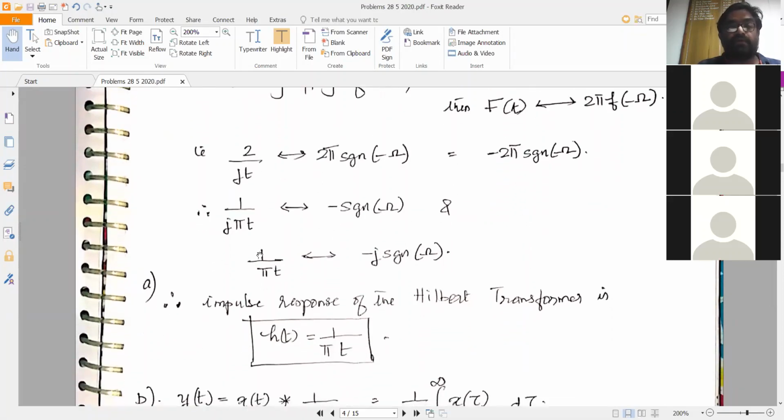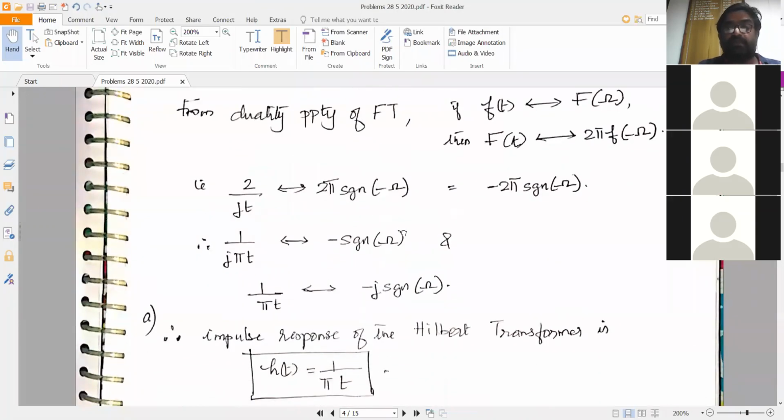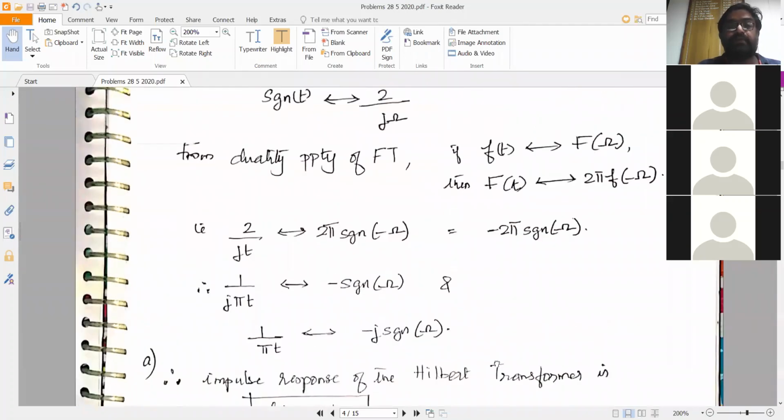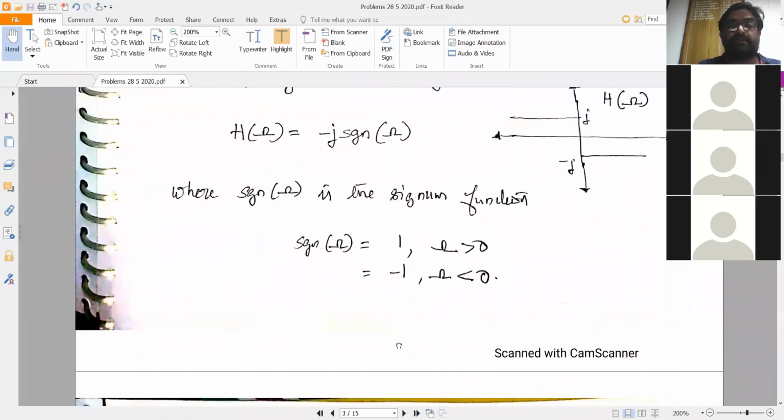Or you have this result: 1 by pi t is the inverse Fourier transform of minus j signum of omega. So that means that the impulse response of the Hilbert transformer is just equal to 1 by pi t. Okay. So the impulse response of the Hilbert transformer is equal to 1 by pi t.